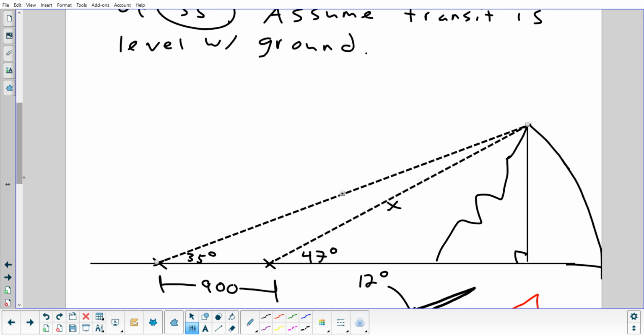This time, the observers are going to be on different sides of the object. This is an example of triangulation. Triangulating where something is, not necessarily how tall it is, but where it is, based on two people seeing the same thing.